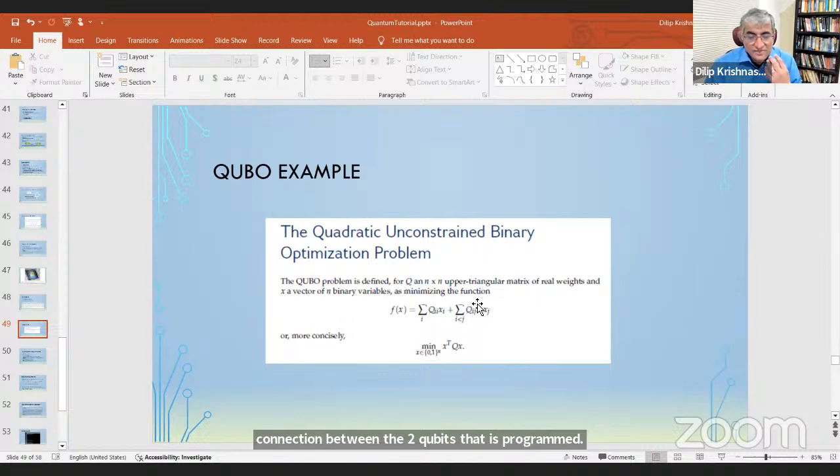So if this is qij for the problem, then between these two qubits, the system will program that connection to that strength. And then you let the system run and settle down to a low energy state, which becomes a solution to the problem.